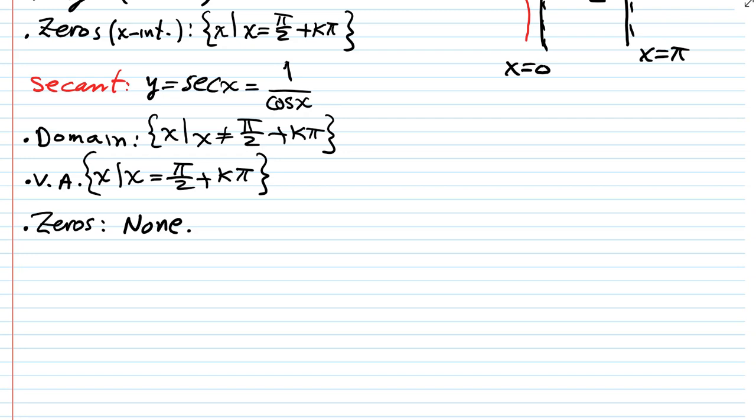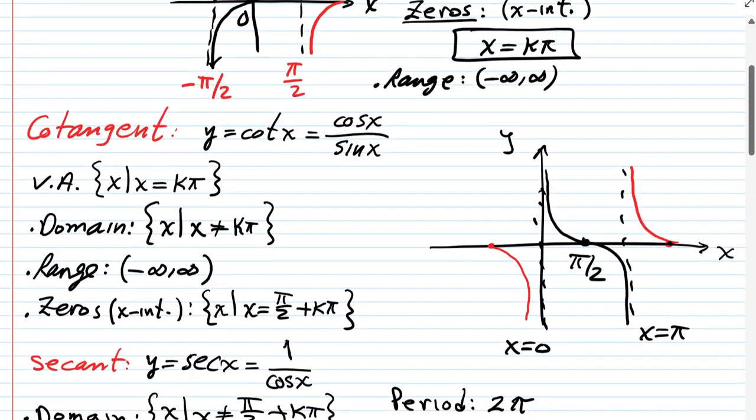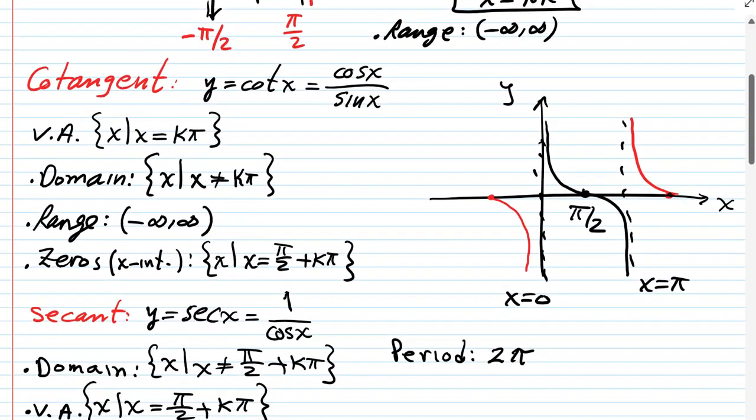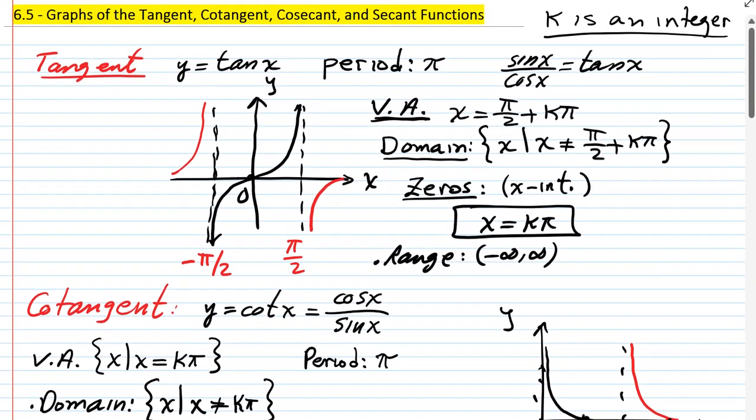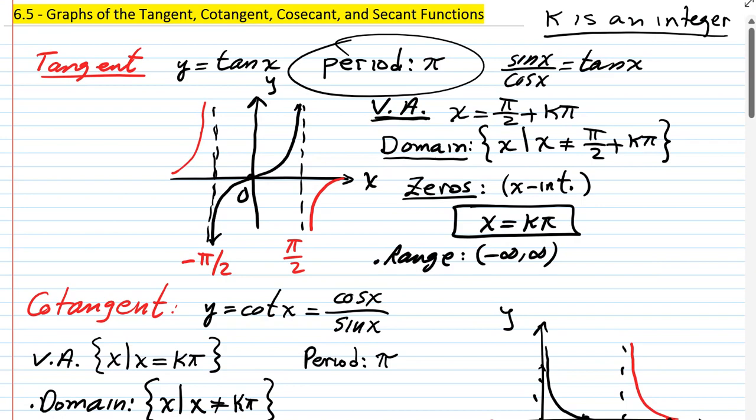The other basic thing is the period. Just like cosine, the period is 2 pi. And going back to cotangent, I didn't put down that the period of cotangent is pi, just like tangent. Yeah, I did mention the period is pi.